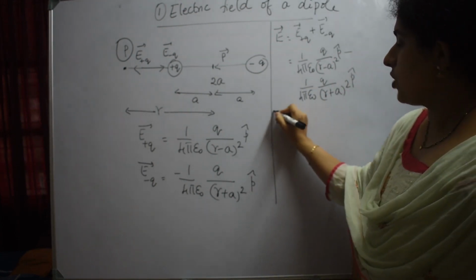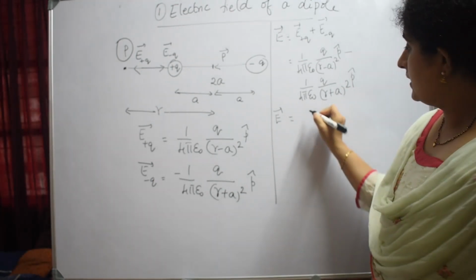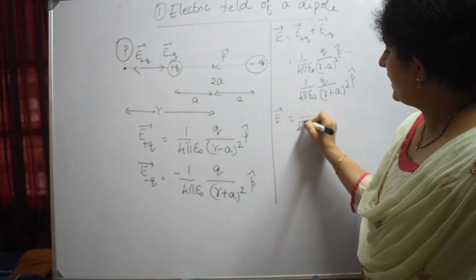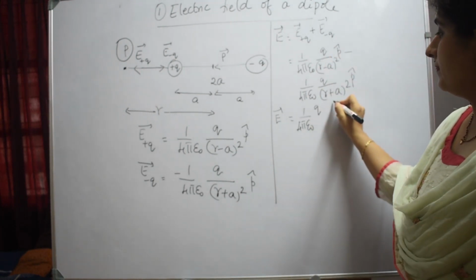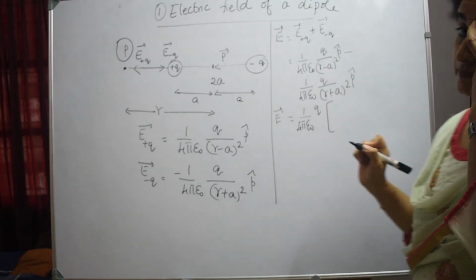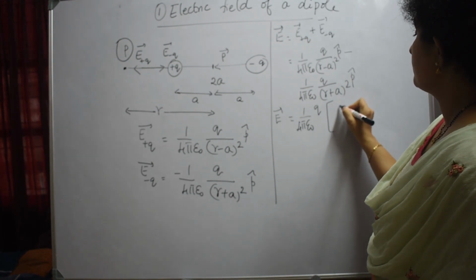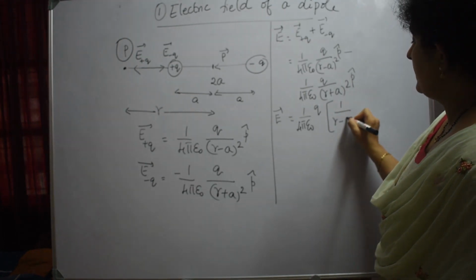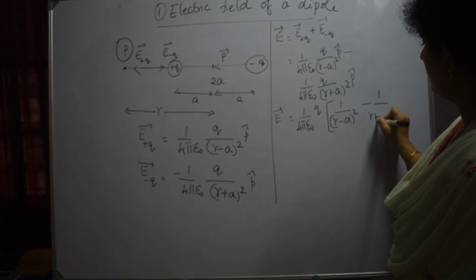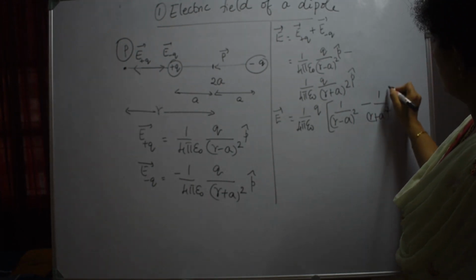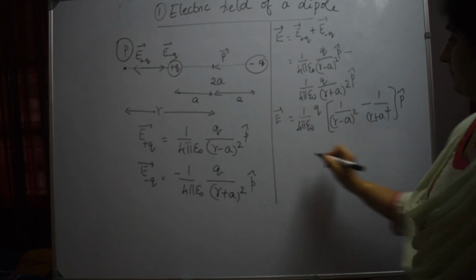So you can take out the common terms outside: 1 by 4 pi epsilon naught q into 1 by r minus a the whole square minus 1 by r plus a the whole square into p cap.